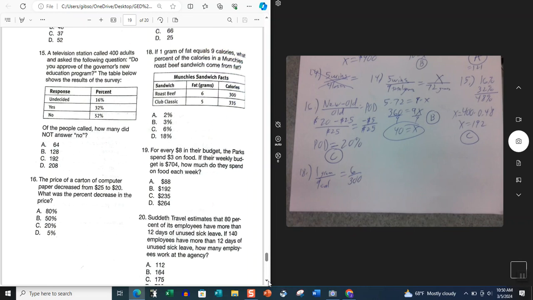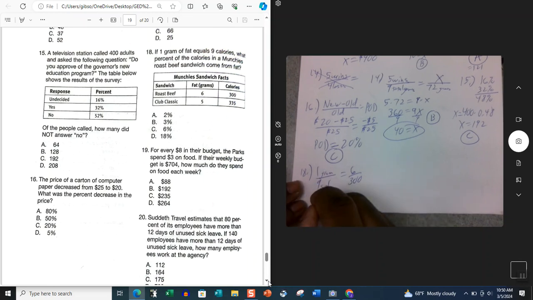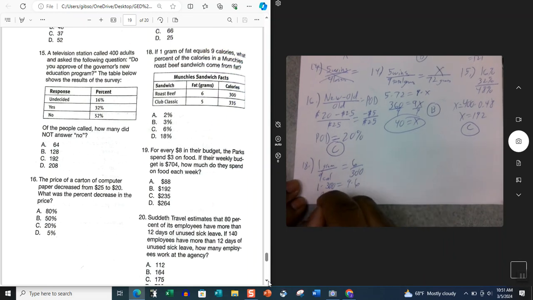Now it says how much of that comes from fat. Let me see. What percent of the calories in a Munchies roast beef sandwich come from fat? So we can multiply it. 1 times 300 is equal to 9 times 6. Oh, you know what?